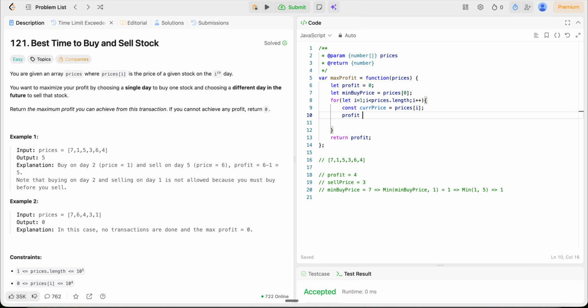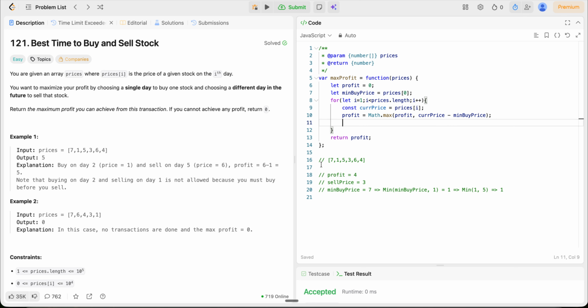Now when I am calculating profit, I will again do Math.max of profit, which is there, and my current price, which is nothing but the sell price because I am fixating the sell price, minus the minimum so far within that particular range. It will give me the profit.